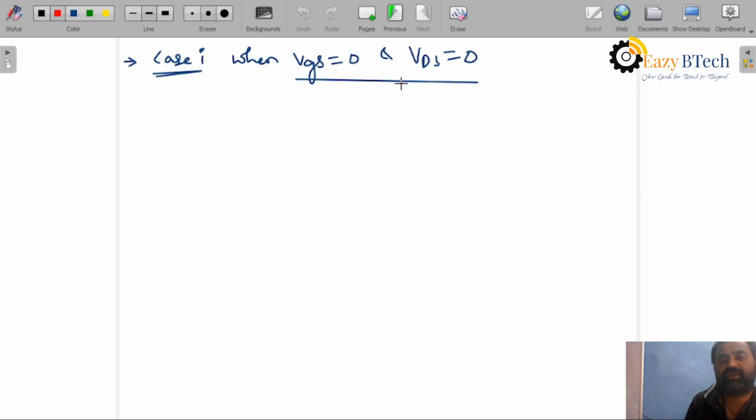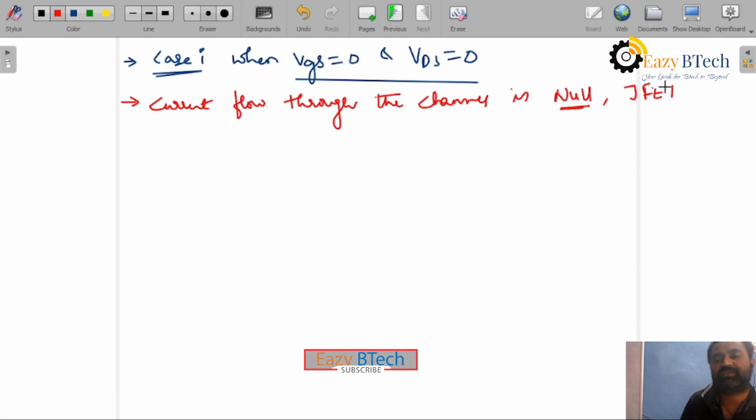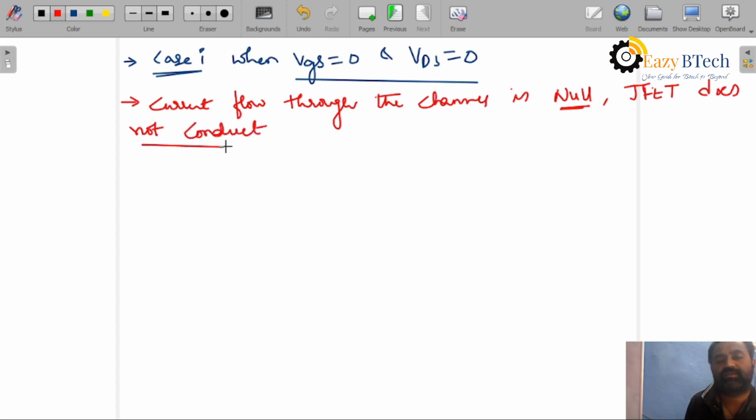The current flow through the channel is null. The JFET does not conduct. Is it clear? Case 1, when VGS is 0, VDS is 0.